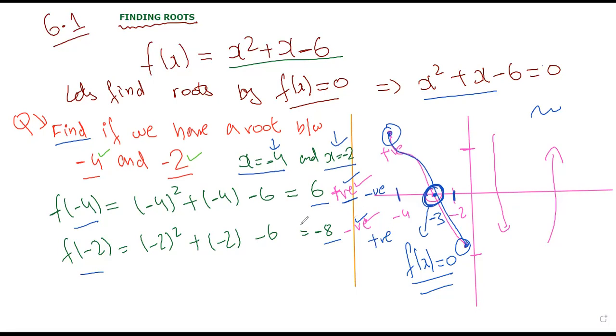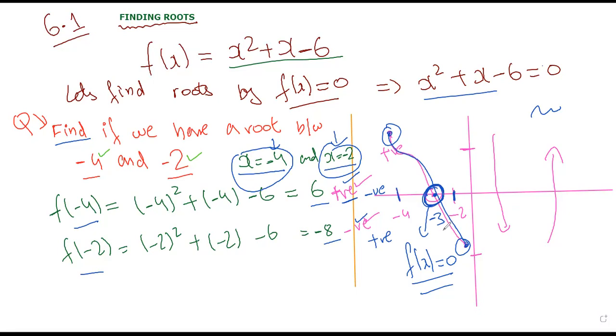If the function's sign is changing from here to here, it means that it would be crossing the x-axis. When it is crossing the x-axis, the value of function would be 0, and that value of x, which corresponds to the zero value of function, is basically your root. Do you understand it now?